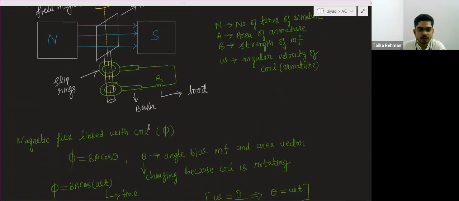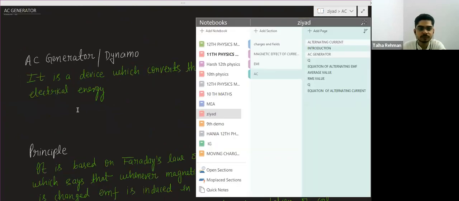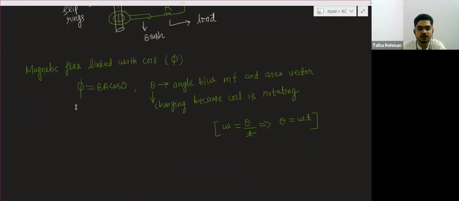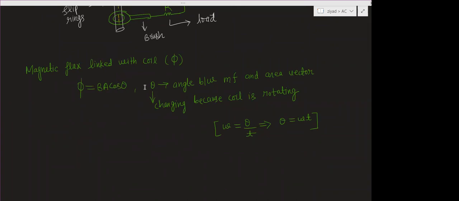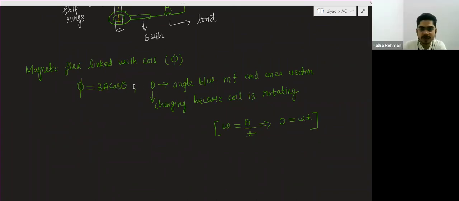So, the flux linked with the coil. We know that the magnetic flux linked with the coil is given by BA cos theta, where theta is the angle between the field and the coil's normal.